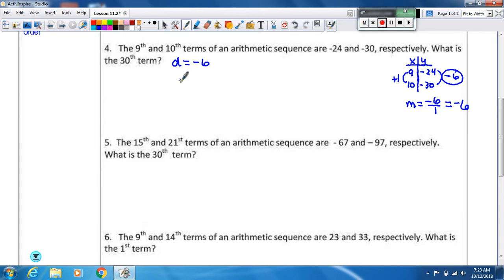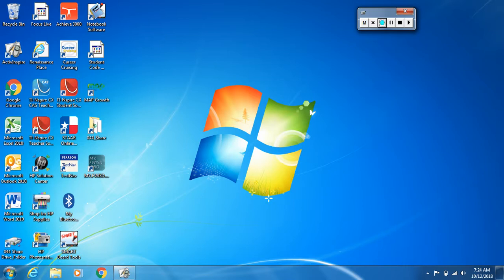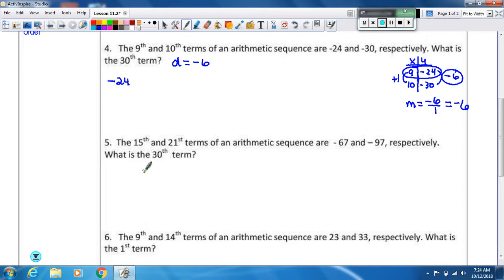So now I'm just going to use one of these points. I'll just use the 9 and the negative 24. So a_n, or the final value, is negative 24. Negative 24 equals a_1.